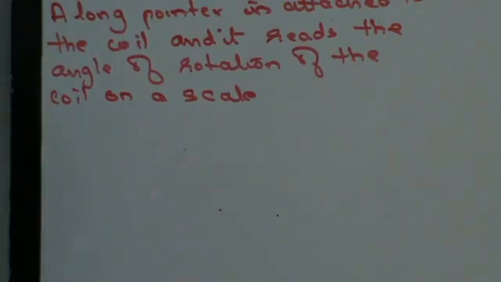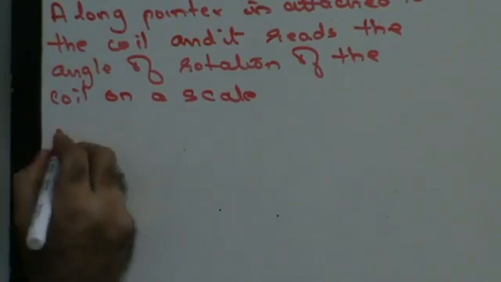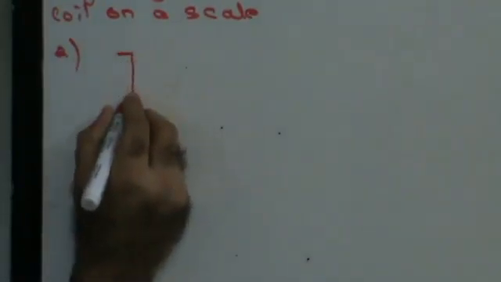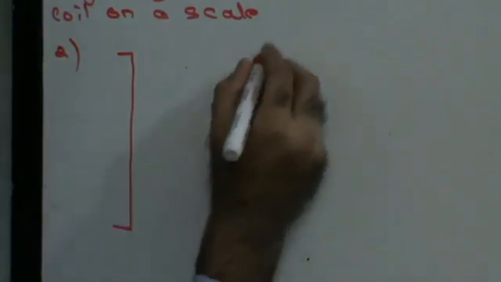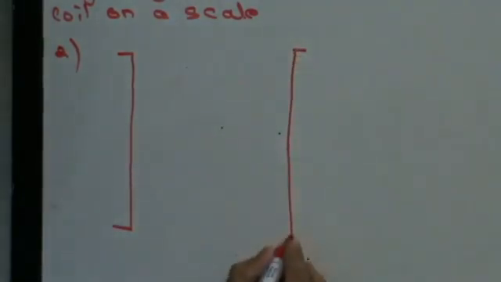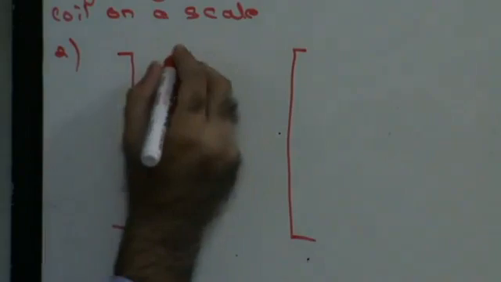Now let us try to understand the forces or the working of a moving coil galvanometer. Let's consider a suspended coil type moving coil galvanometer. I'm just going to show you the forces that are going to be acting in this. Guys, can you see this? Now, you have the coil here.